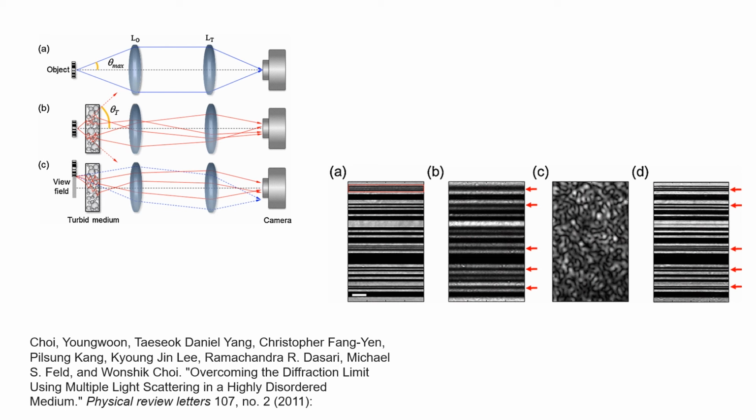That by characterizing, and in the case of Choi, they measured 2,000 different impulse signals, characterized the transmission through the turbid media. So basically experimentally collected the data that we collected in simulation with the notebook that I just showed you, and they were able to achieve this result of a super resolved imaging through a turbid media.